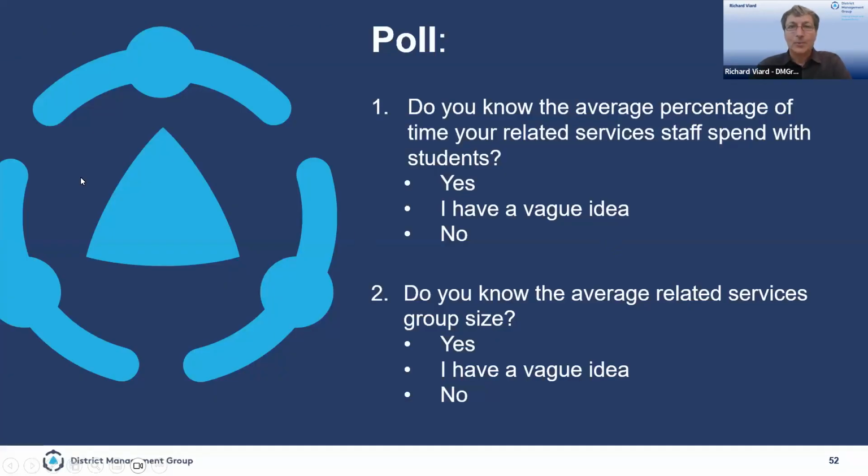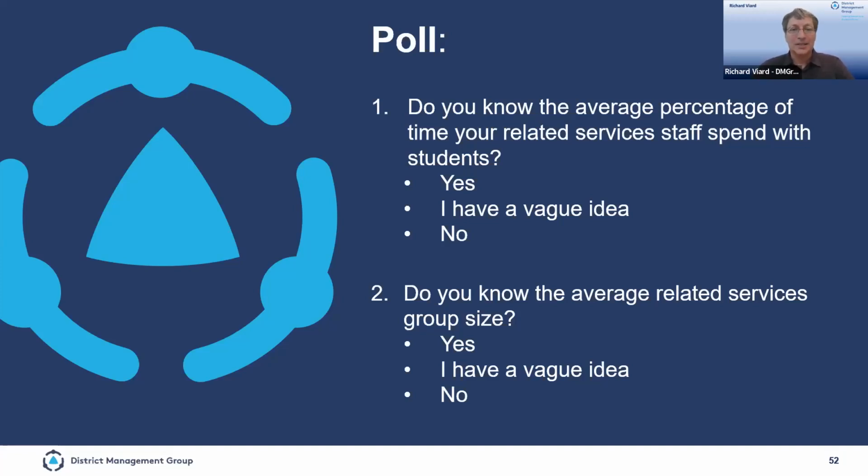And now we have another poll. So just want to find out, do you know the average percentage time your related services staff spend with students? Yes, I have a vague idea, or no. And do you know the related services group size, average group size per staff?